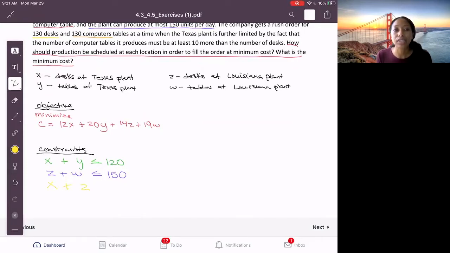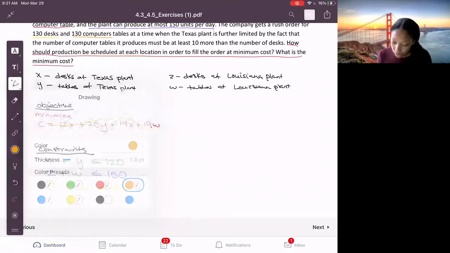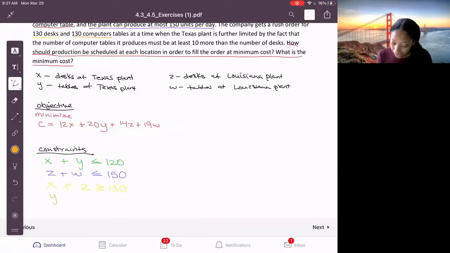It doesn't say at least or at most, but we have an order of 130. We need to make 130 because that's what the order is for. We can also make more than that. So it can be greater than or equal to 130. Similarly, for the computer tables, we'll have Y plus W has to be greater than or equal to 130.